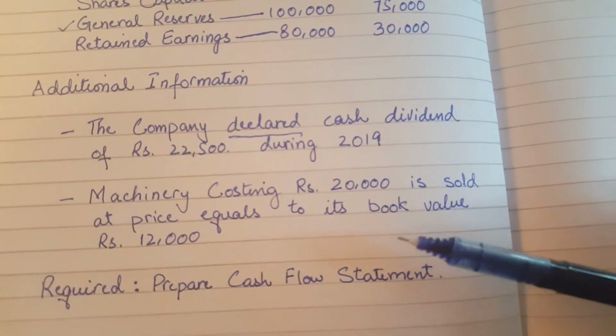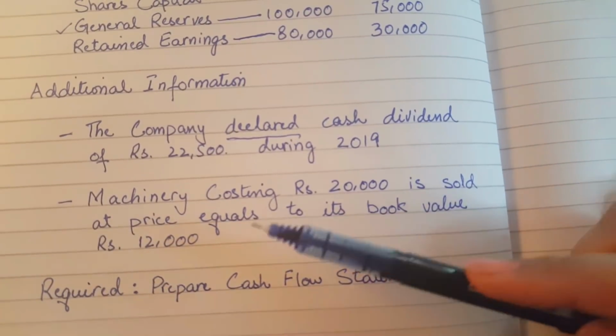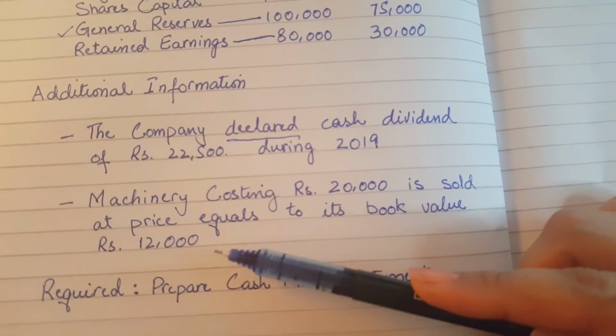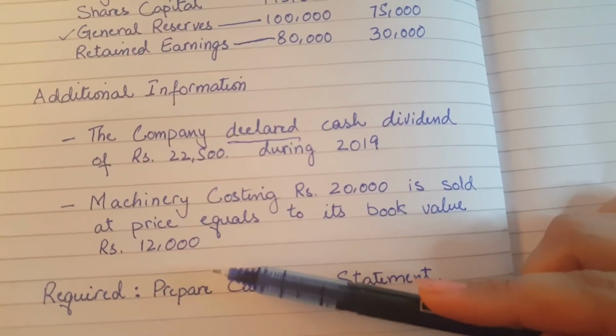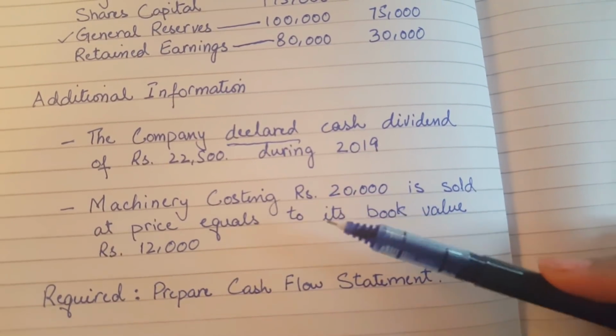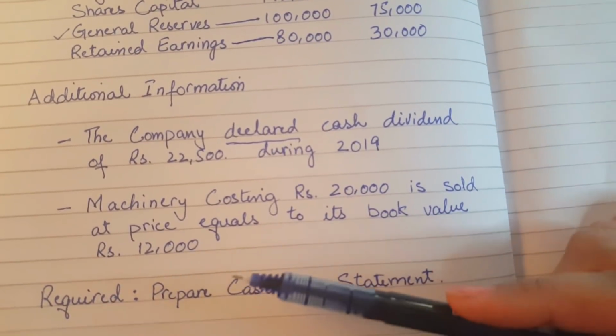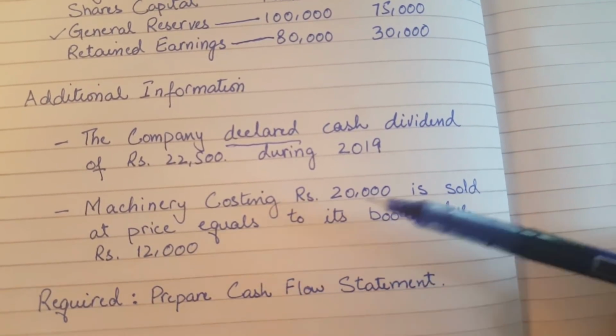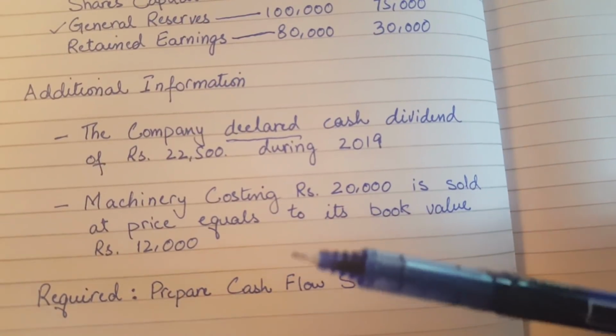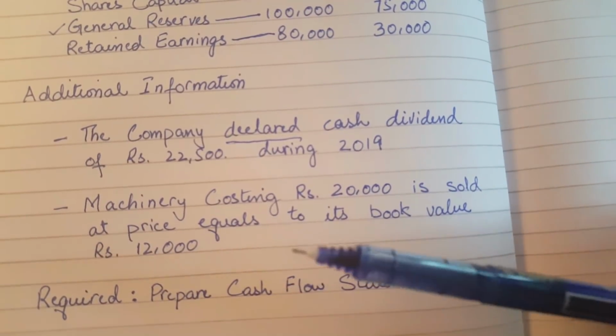It means that at the time this machinery was sold, its book value was 12,000. It means that it was depreciated over time from 20,000 to 12,000. So the difference gives us the depreciated amount, which is 8,000.